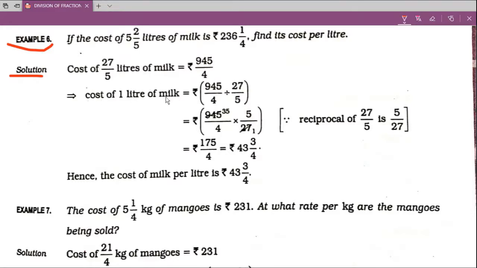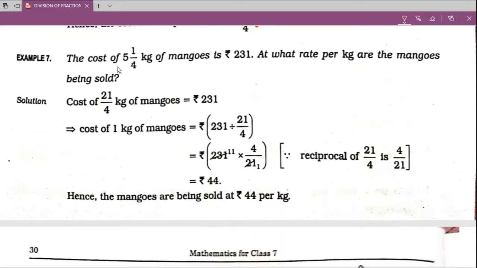Cost of 1 liter of milk is equal to rupees 945 by 4 divided by 27 by 5. Here when it is simplified we get the answer 175 by 4, an improper fraction. Change it into a mixed fraction, and this mixed fraction is the answer. Hence the cost of milk per liter is rupees 43 whole 3 by 4. This is the answer.